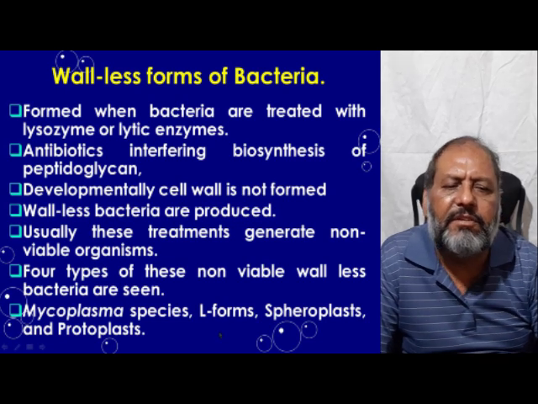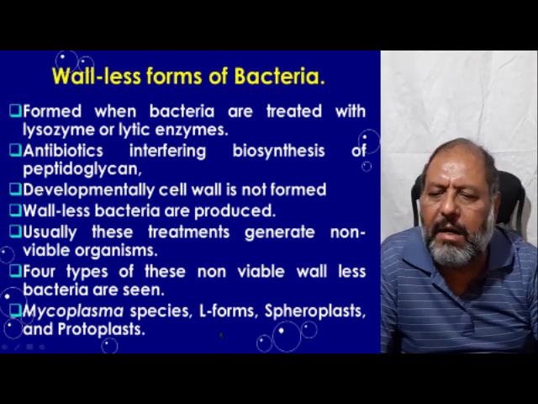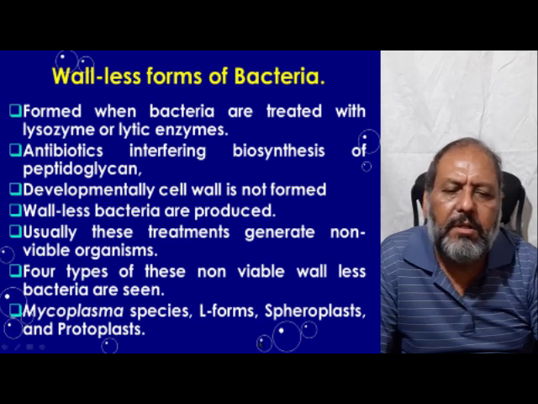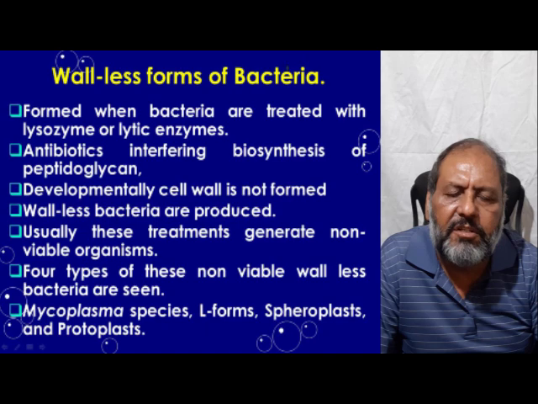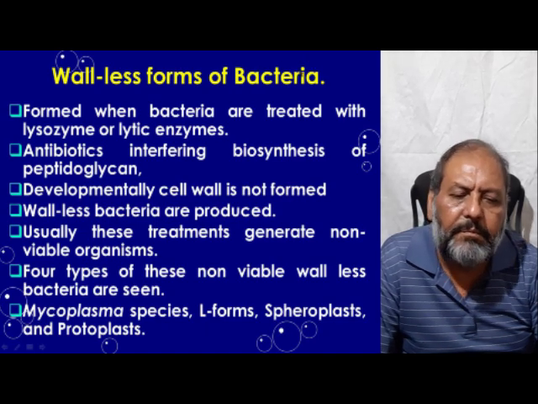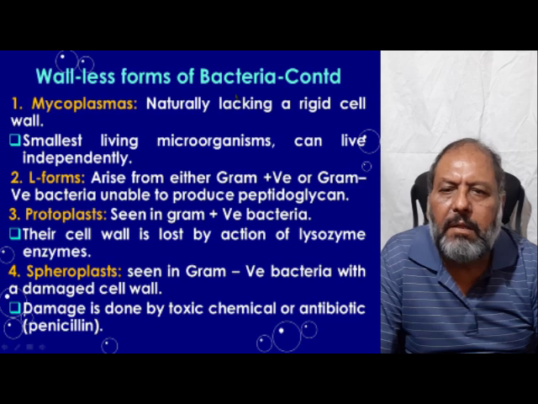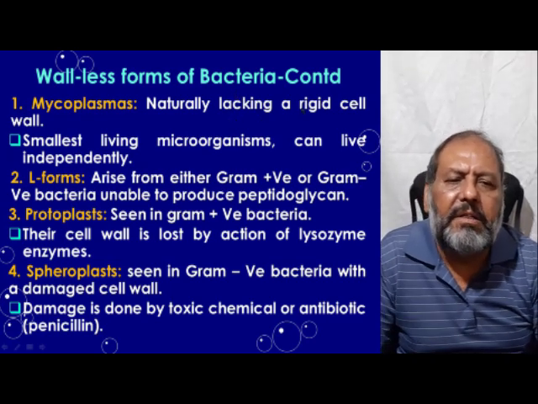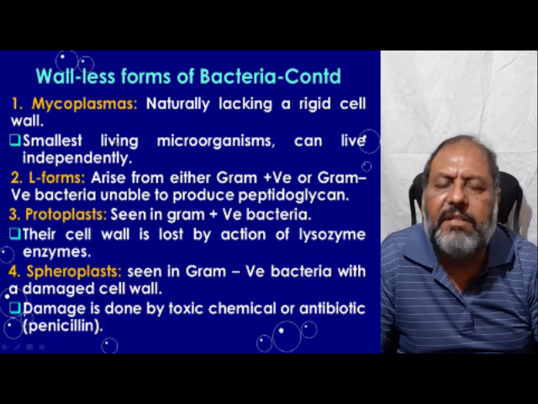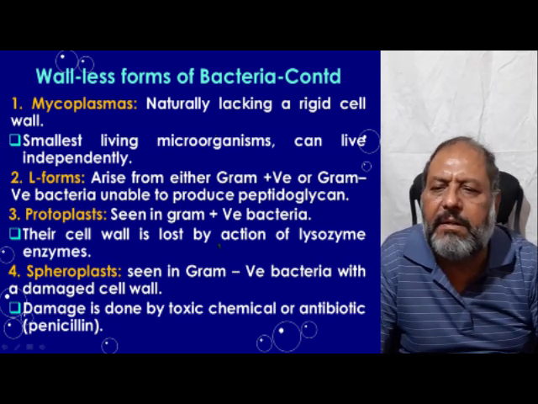Usually these treatments generate non-viable organisms having no walls. Four types of these wall-less bacteria are seen: Mycoplasma species, L-form, spheroplast, and protoplast. Mycoplasma naturally lack a rigid cell wall. These are the smallest living microorganisms that can live independently.